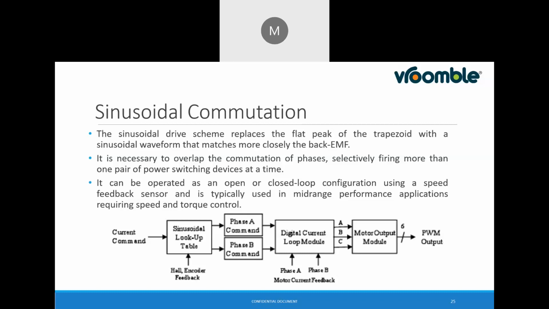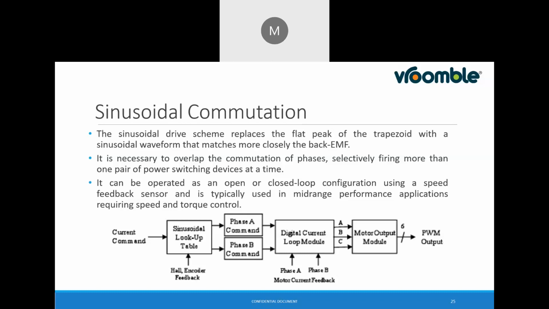The lookup table will have the data at which position or which degree, which rotation, how much current should be injected, right? The sensor and encoder feedback will be counting that position continuously, and they will provide that position to the phase commands for the different phases like A and B.